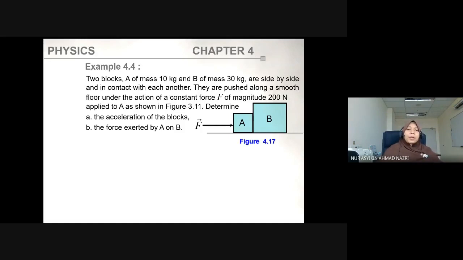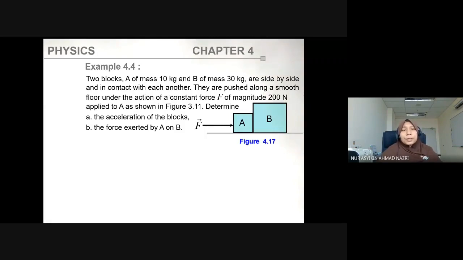Alright, then we go to this question. Since this question is an application of Newton's second law, it is about an object that we apply a force on and it will have acceleration. That's why all along we have been finding acceleration only.